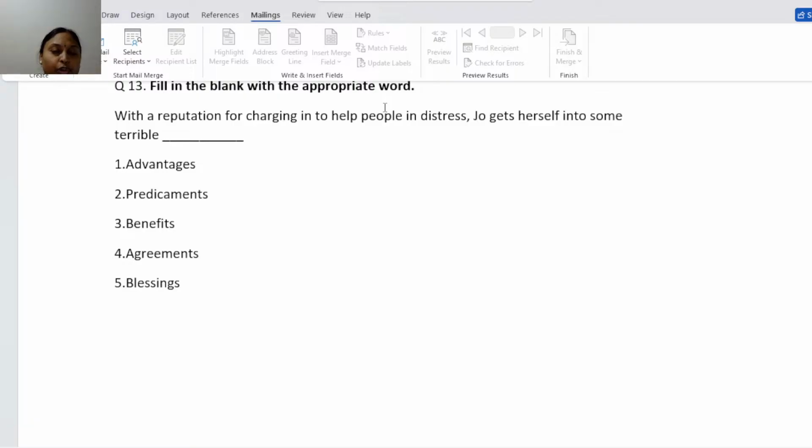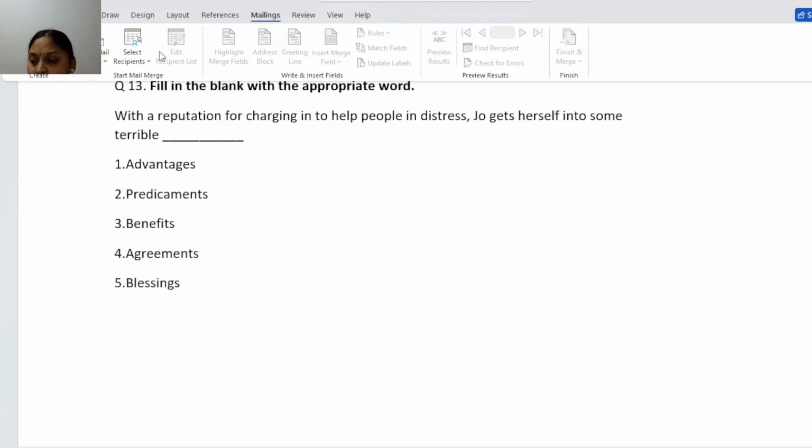With a reputation for charging in to help people in distress, Jo gets herself into some terrible predicaments. So here they have given advantages, predicaments and benefits, agreements and blessings. Help people in distress, charging in to help people in distress.